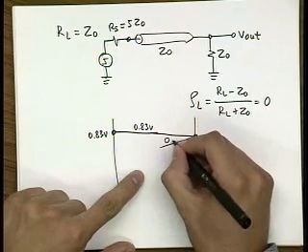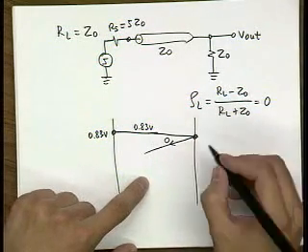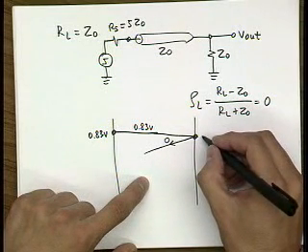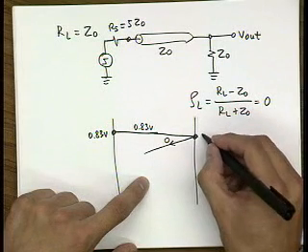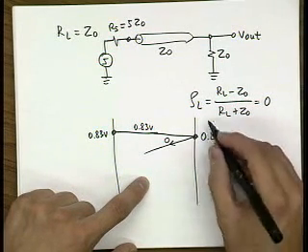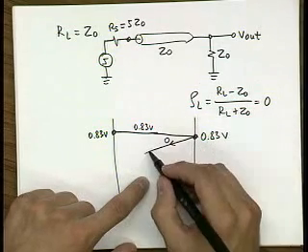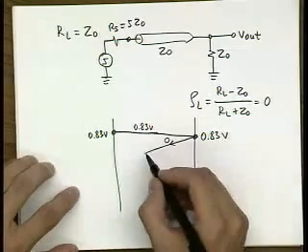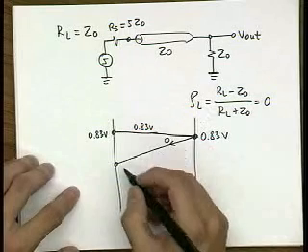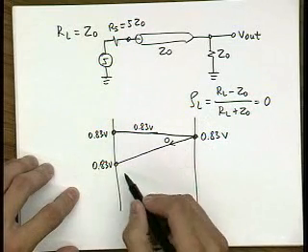So you have 0.83 plus, the previous value is 0, incident wave is 0.83, reflected wave is 0, so you stay with 0.83. You come back and you have nothing to reflect. So you stay at 0.83 volts.